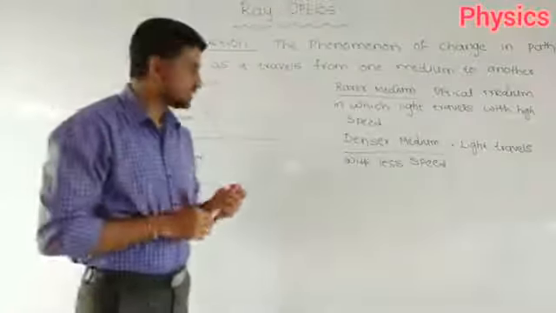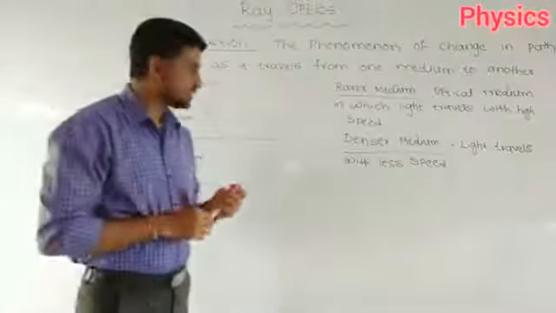Now I have to incident light from the glass medium like this. This is the incident ray. And here also I am going to take one normal to get the angle of incidence and angle of refraction. So when it enters the rarer medium from the denser medium, the incident ray will change its path and bend away from the normal.